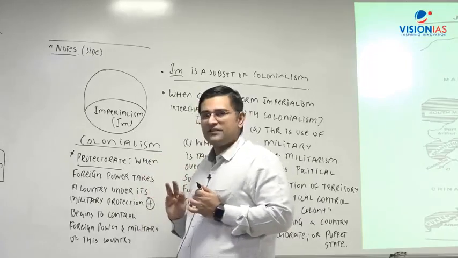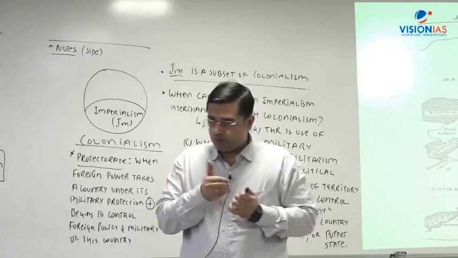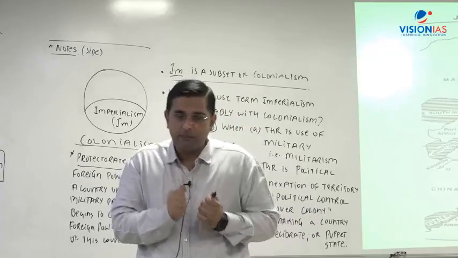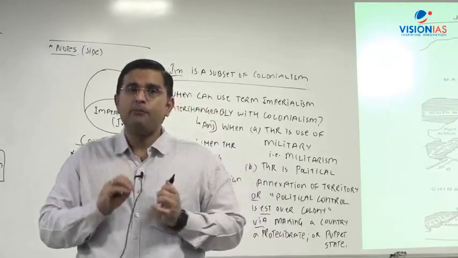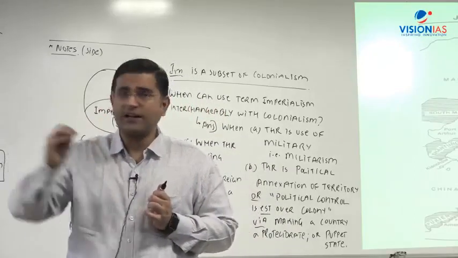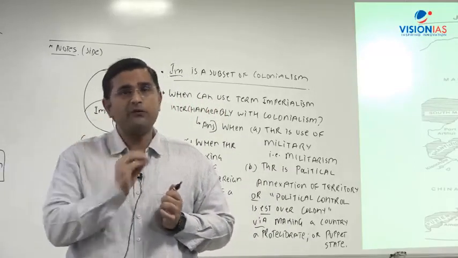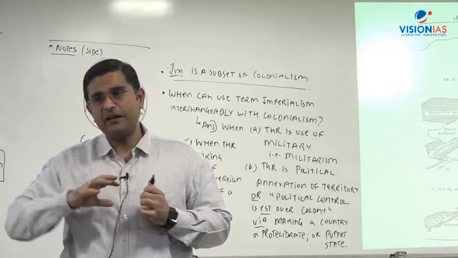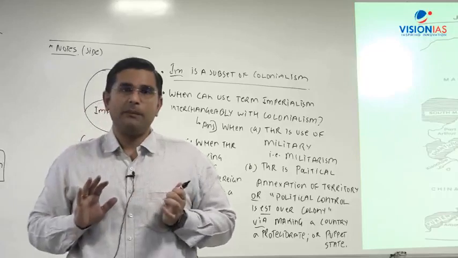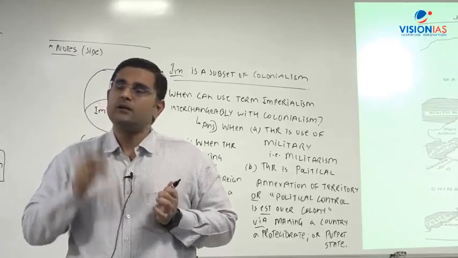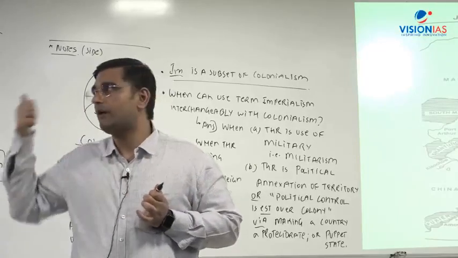What do you mean by puppet state? It is automatically understood. A puppet state is basically a territory which is formally independent, but who will be the leader of that country is decided by a foreign power. So basically, for all legal purposes, in every way, a puppet state is independent, but the government is decided by a foreign power.